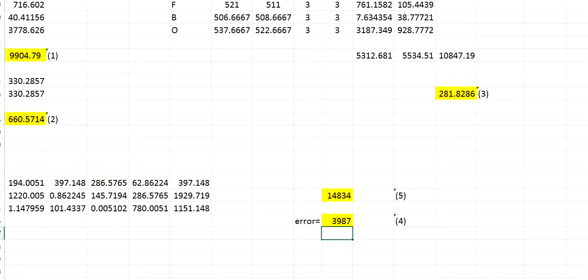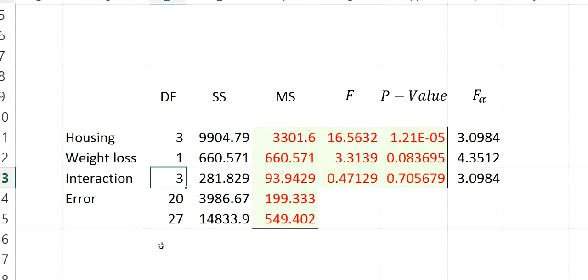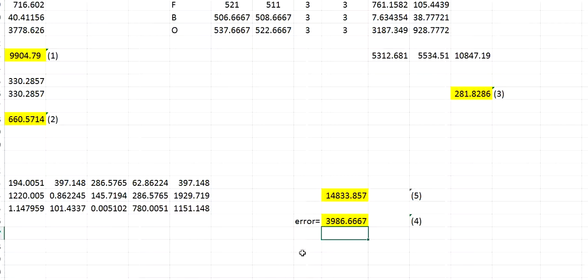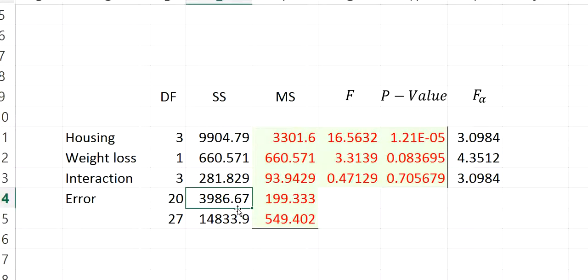So it is 3986.67, and the error degrees of freedom will be 27 minus this minus this minus that. In the same way, error sum of squares is total sum of squares minus this minus this minus that.